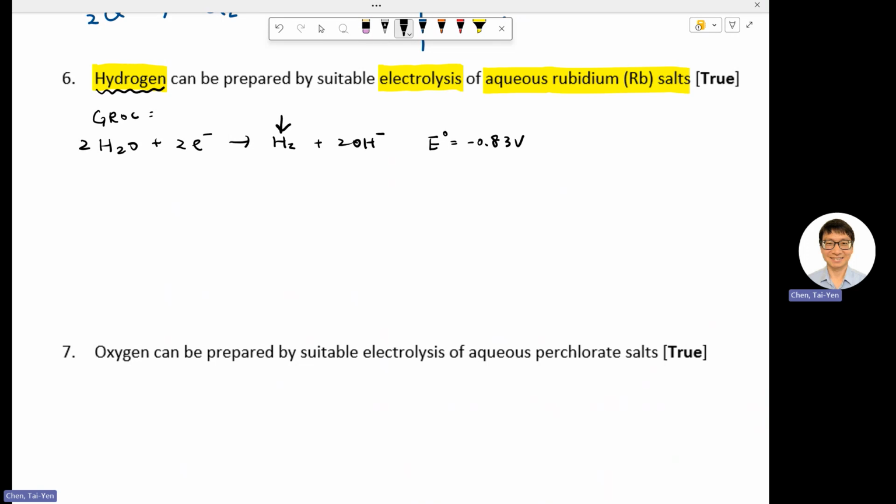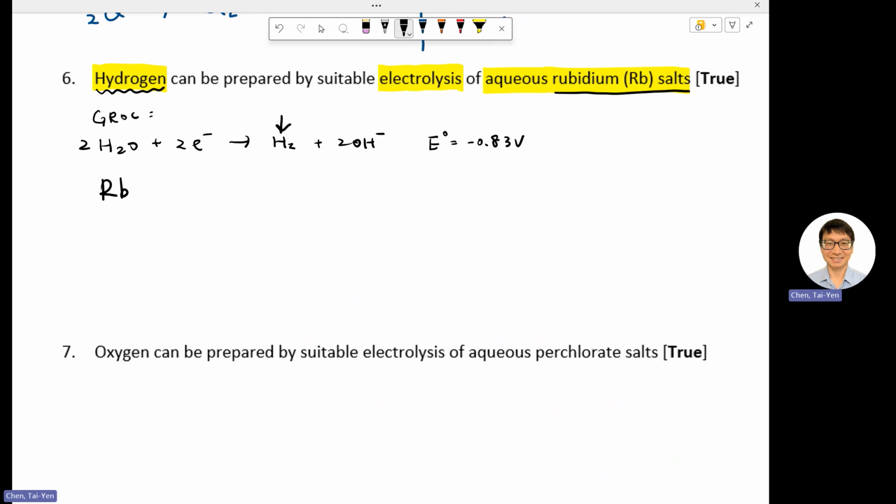Right now the problem is that, besides H2O, you also have a salt, which is a rubidium salt. It's going to be at the cathode, so it's going to be reduced as well. Since it's the cathode, the species that matters is your rubidium.